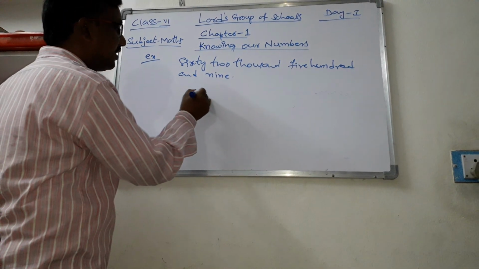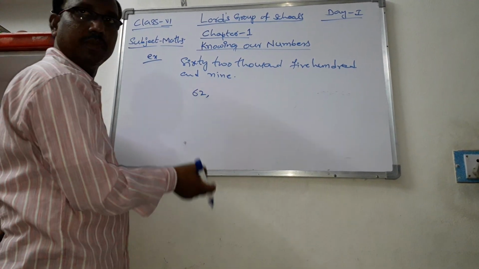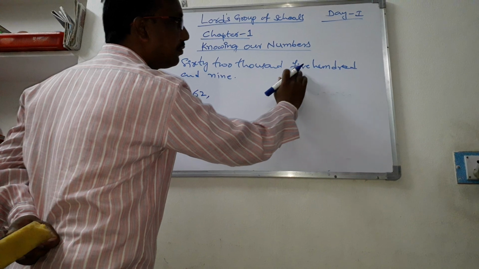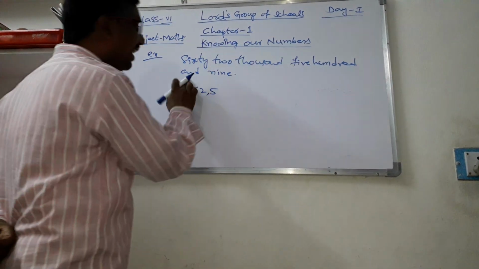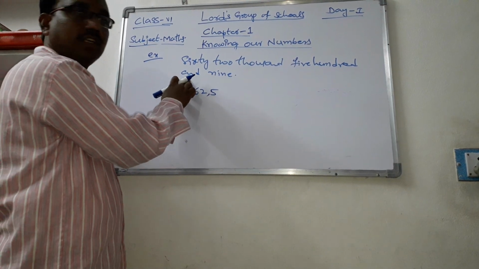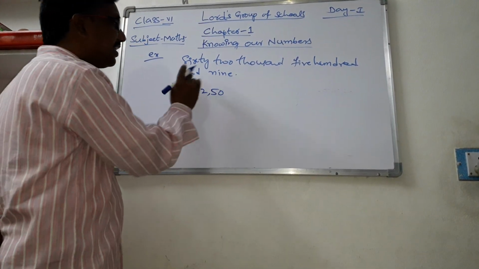So write 62,000. Then go to the hundreds place. How many hundreds do we have here? 5 hundreds. Right? 500 and 9. There is no 10, so keep a 0 in the tens place and 9.